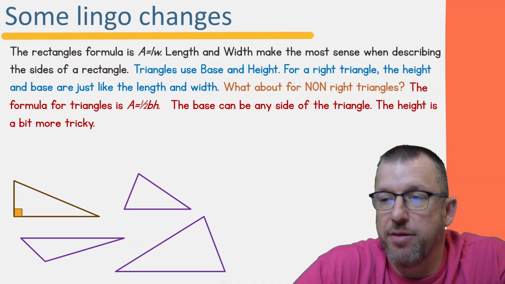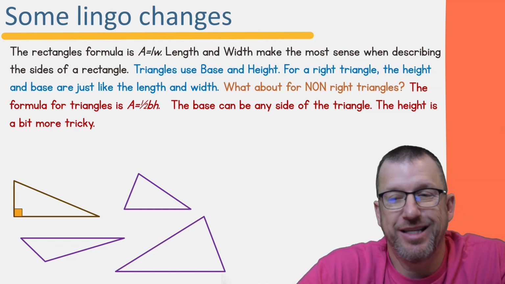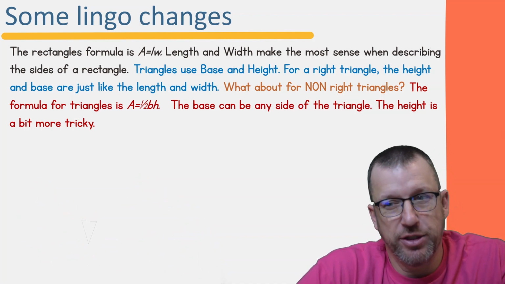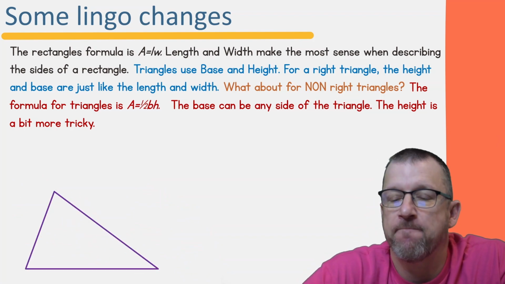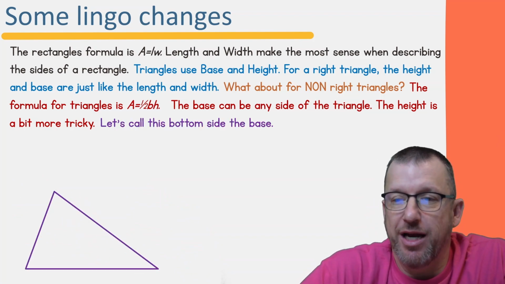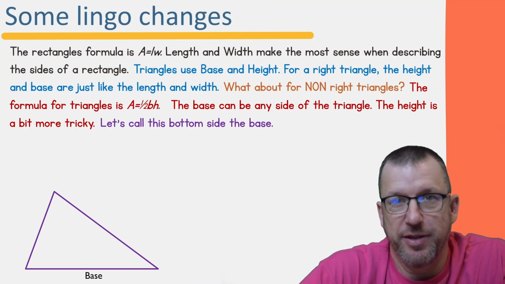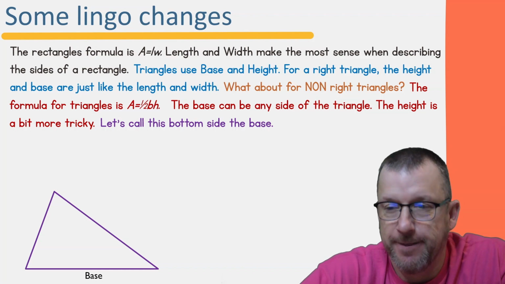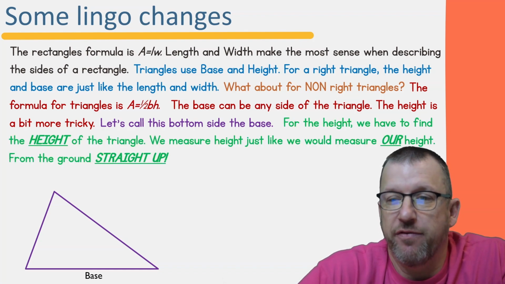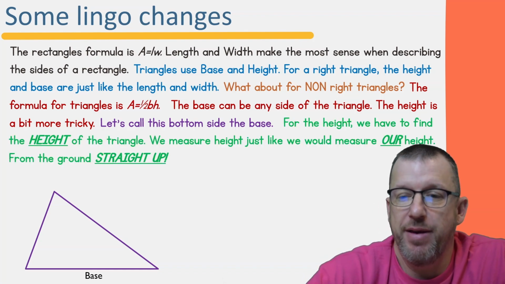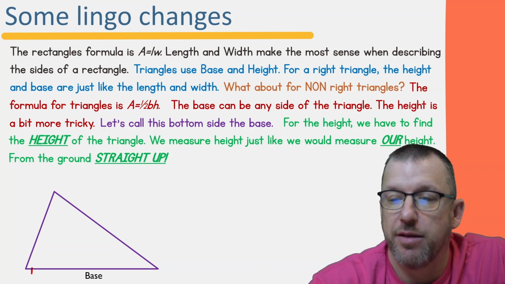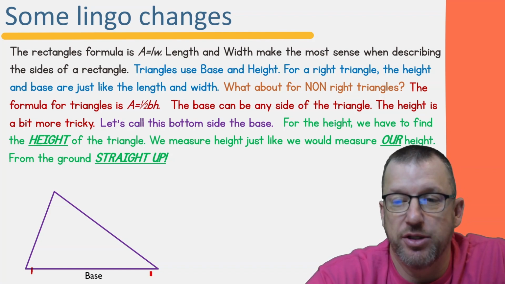So the base can literally be any side of the triangle, but the height sometimes is a bit more tricky. Let's look at those triangles again. So here we've got this guy, and let's call the bottom the base. I can call any side the base, but I'm going to call the bottom the base right now because that just makes more sense, right? You're setting it down. Now, for the height, we have to find the height of the triangle. So the base is dealing with that side of the triangle, right?